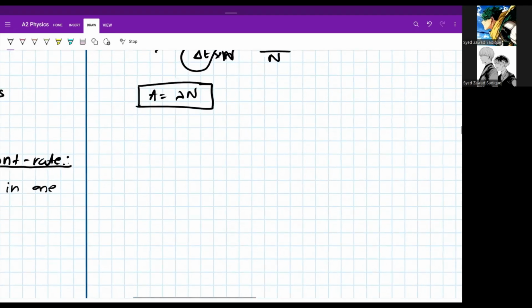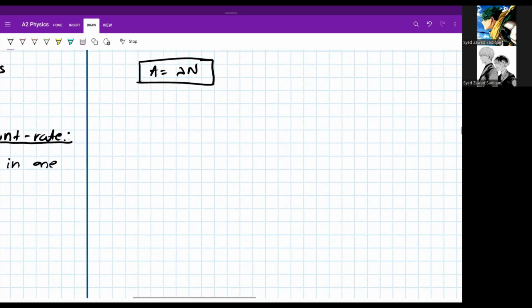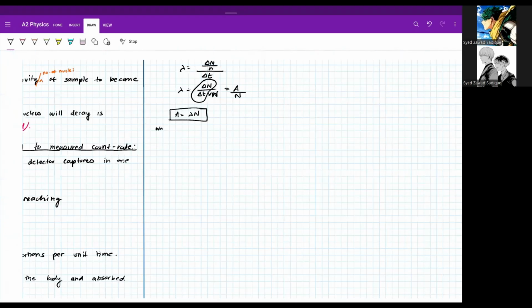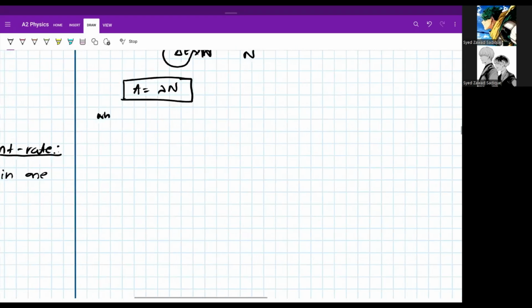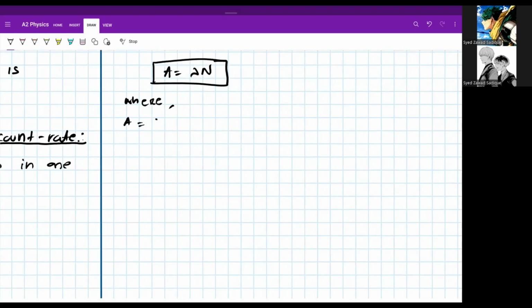Now, where A is activity, the unit is Bq. Bq is becquerels. It's a very niche unit, so make sure to remember it.